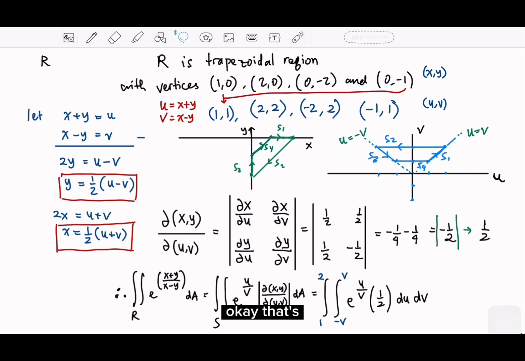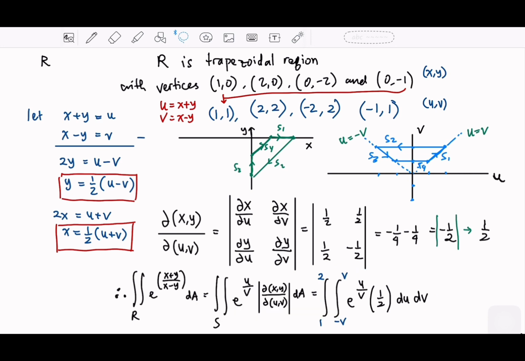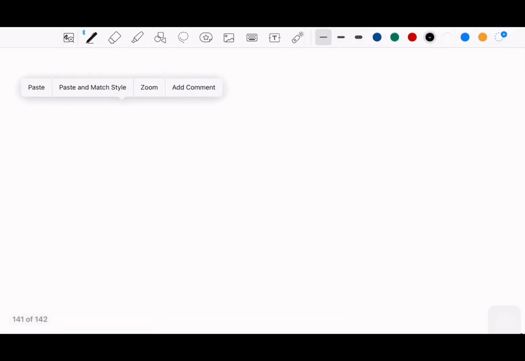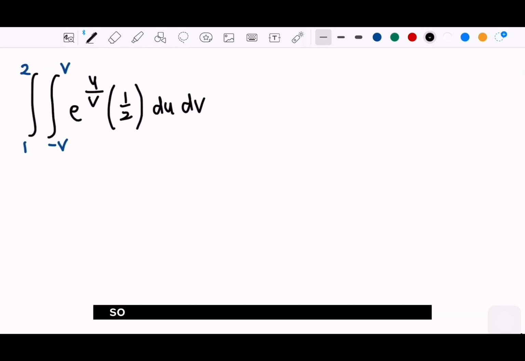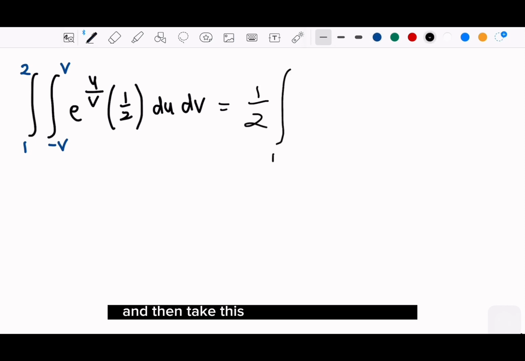Okay, I think let's solve this just to refresh our integration method. So we can start by taking half, going there, and then take this as the outside integration.